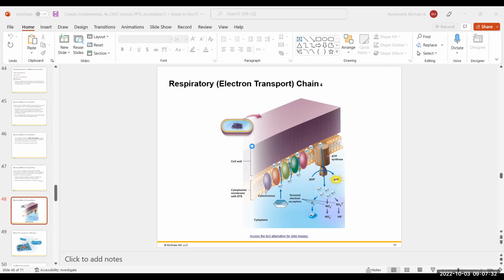The other option is you use lactate dehydrogenase to reduce pyruvate directly to lactic acid. These are two possible fermentations. This fermentation over here, as you can see, produces carbon dioxide. This one does not.